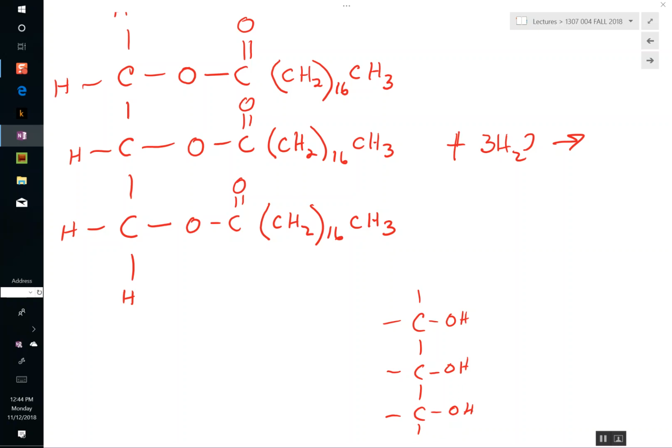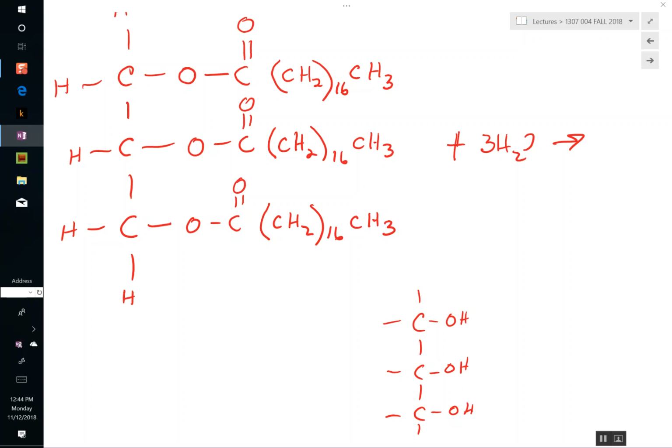Guys, walk down to HEB, get the labels, look at them. On some labels, you'll see partially hydrogenated vegetable oils. Those are triglycerides. You will see mono and diglycerides. What have they done? They've taken a triglyceride and clipped one of these off.